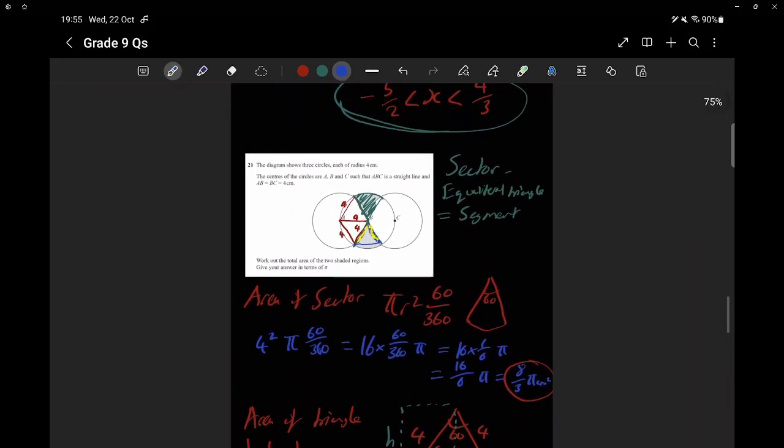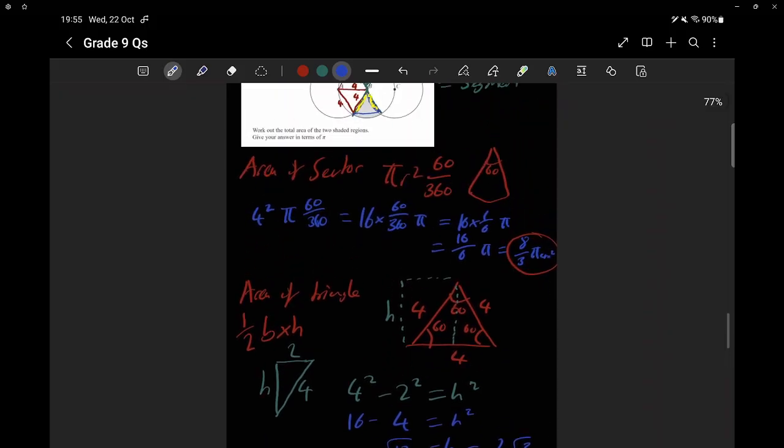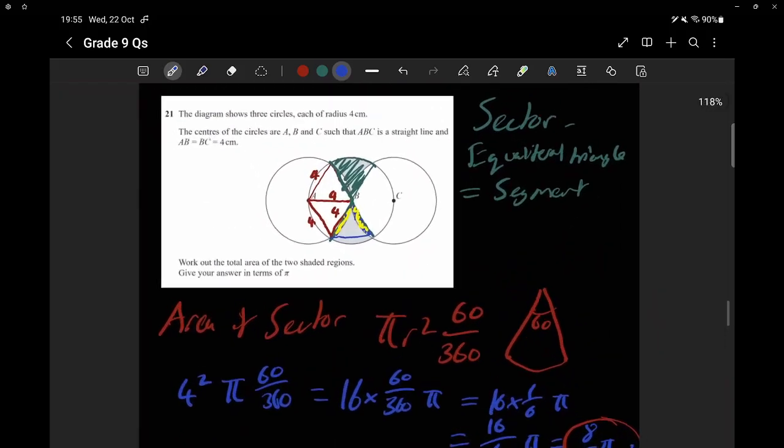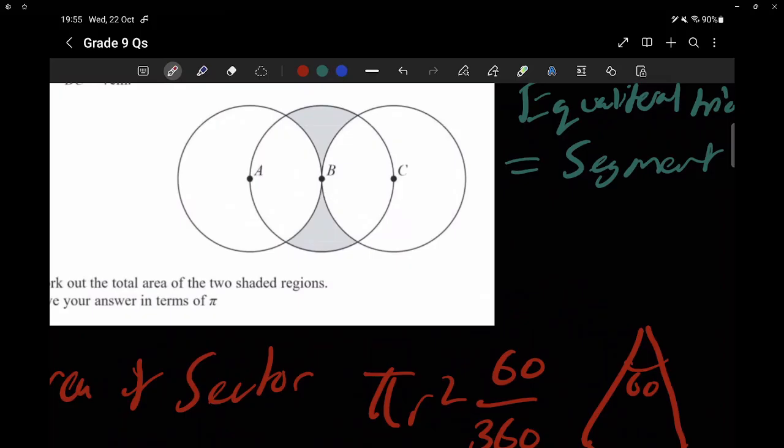Okay, and what did we say? We want to find the segment. So we have the area of the triangle, and we have the area of the sector now. So again, if I just rub all this out, just to make it as clear as possible, because it can be sort of tricky to visualize. So this is our segment, okay? We can all agree on that. That is a segment of a circle.